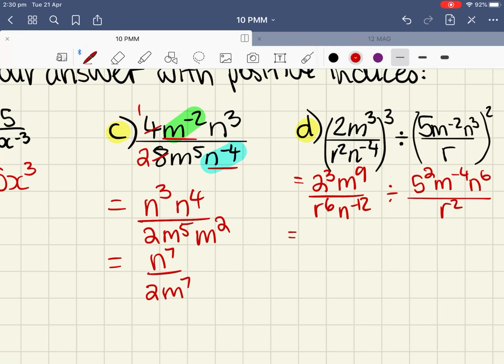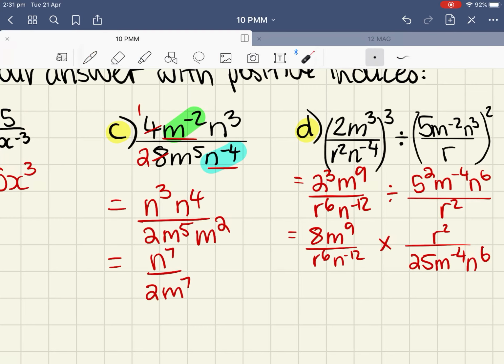Okay, we have 8 m to the 9 over r 6 n to the minus 12 multiplied by r squared over 25 m to the minus 4 n to the 6. Now this is confusing because I've just switched that over and that 4 there is still negative. I haven't moved this. I haven't used my negative index law here. I've just multiplied by the reciprocal of whatever this was.